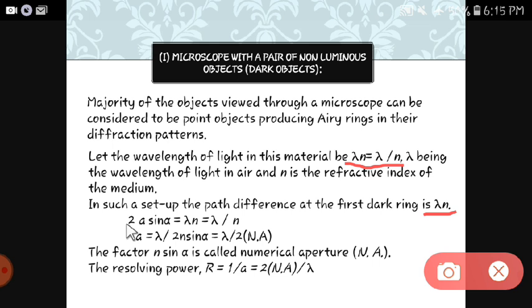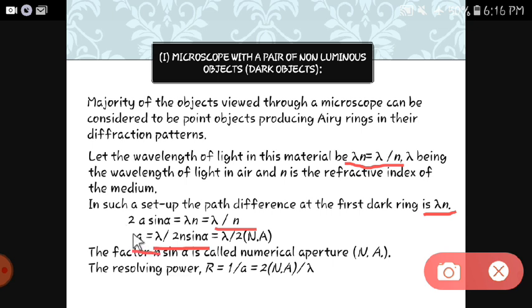So here 2a sine alpha, which is the path difference that we saw on the previous slide, is equal to lambda n, which is lambda upon n. By rearranging all the terms, a will be lambda divided by 2n sine alpha.